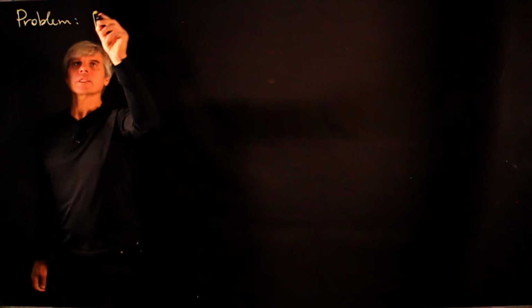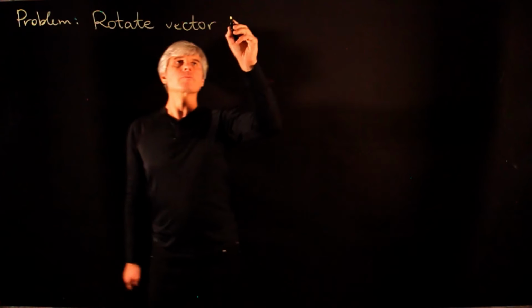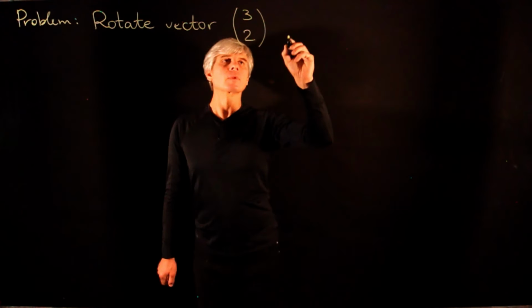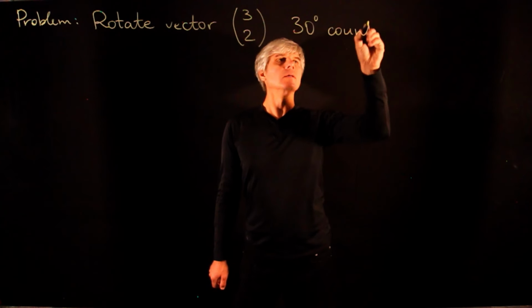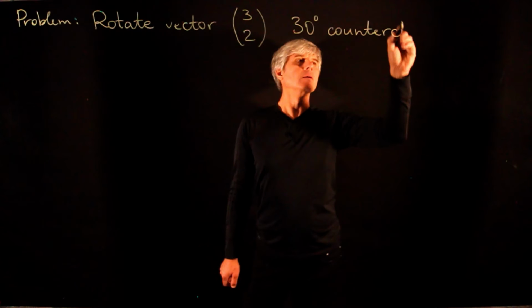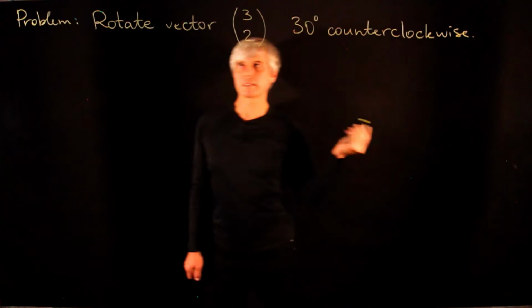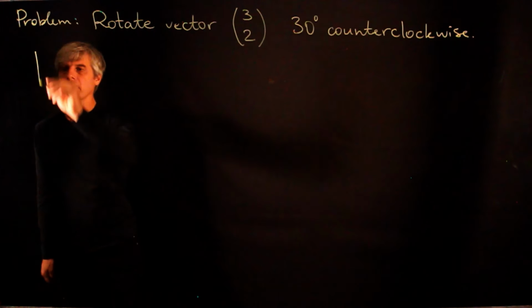Now let us look at the following problem. Rotate vector (3, 2) 30 degrees counterclockwise, and determine the result. Let's make a picture.